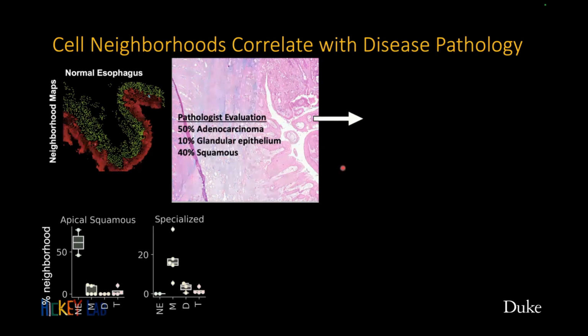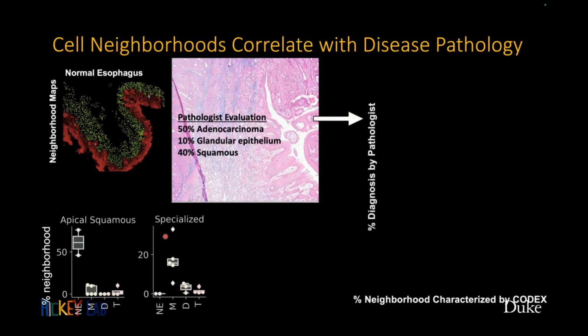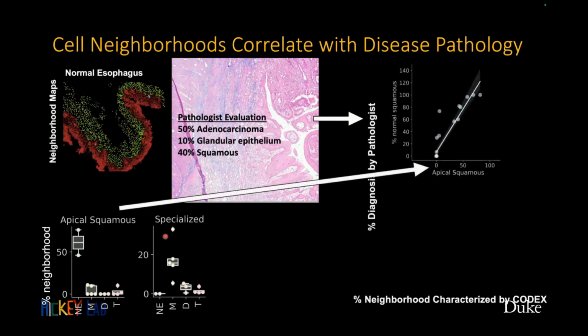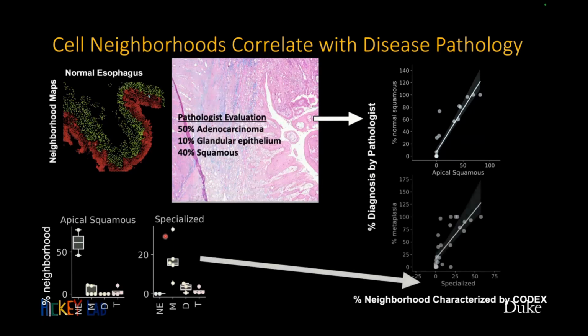And so what we did with these percentages of neighborhoods is that we plotted them against each other to see where they correlated. And we saw that we could very accurately, across all samples, regardless of their official diagnosis, correlate these cellular neighborhoods with the pathologist score. So we can look at normal squamous, or we can look at metaplasia and find these neighborhoods that associate.